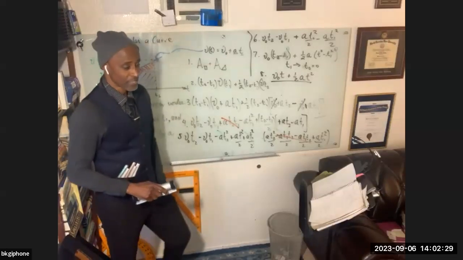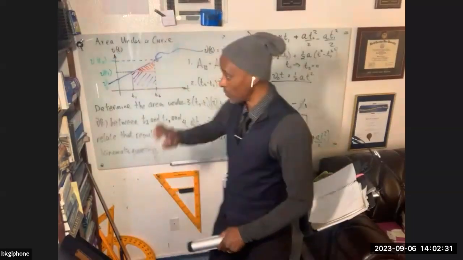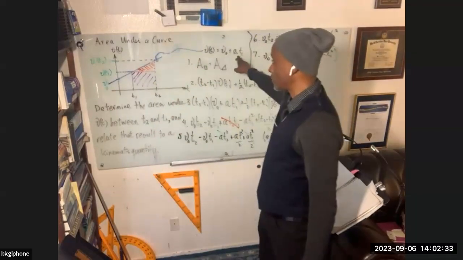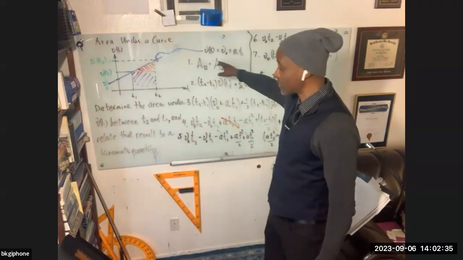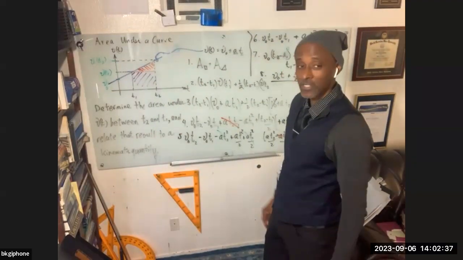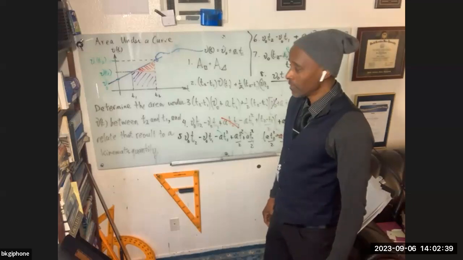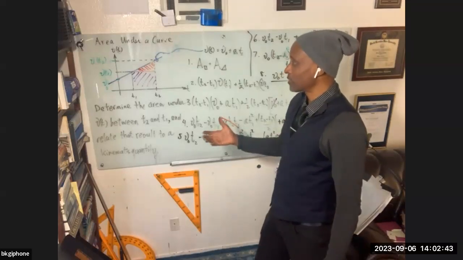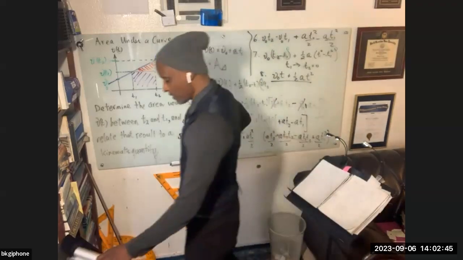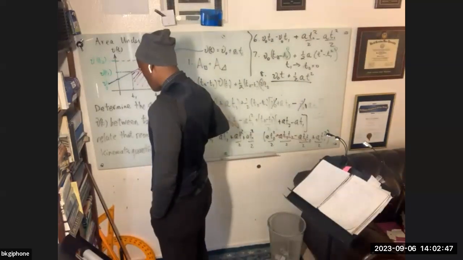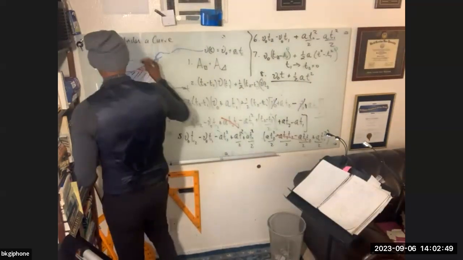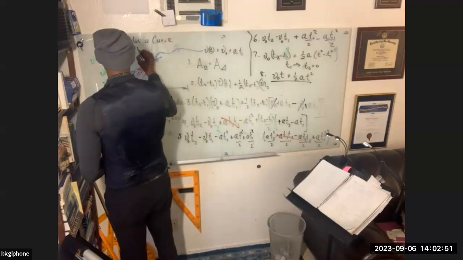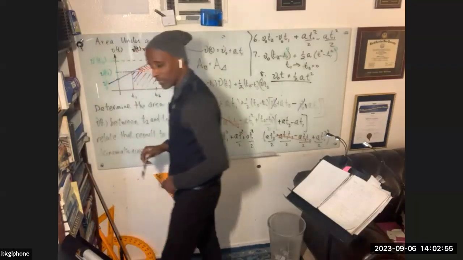It represents the displacement of the particle moving with a velocity defined by an instantaneous velocity defined by this equation. So what we say is that the area under the v of t curve, the velocity with respect to time curve, is actually, right, this is v of t versus t, if I were to name it correctly.